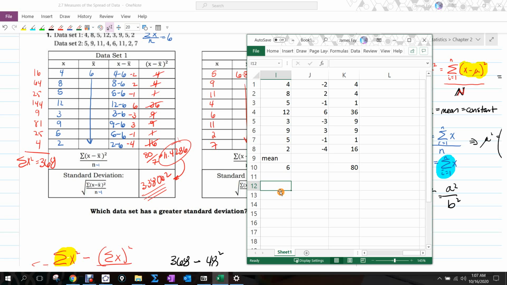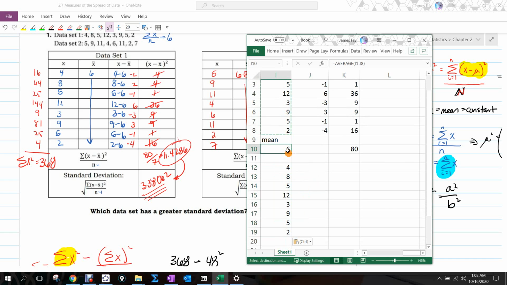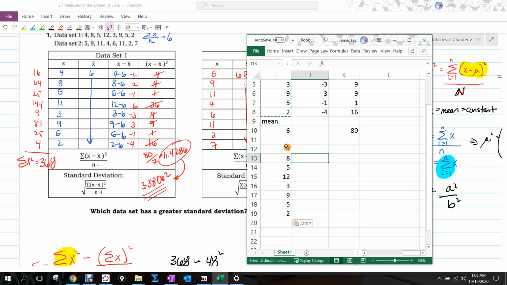If I'm using the computational formula, we don't even need our calculator to find the mean. That's not part of it. All we have to do is tell our calculator to take all your data points and square them.